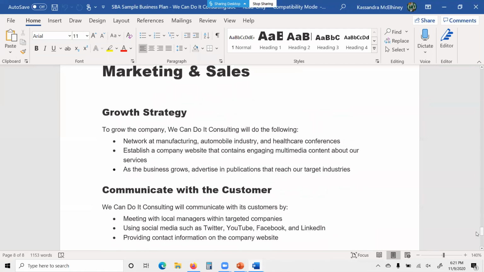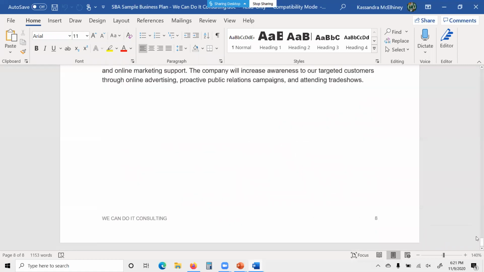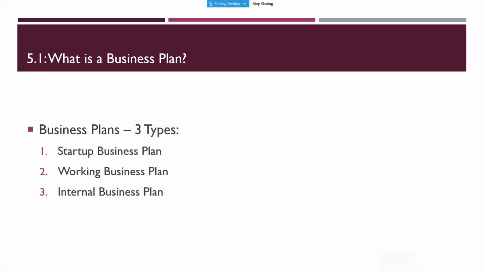A typical business plan would go a little more in depth than this, would go into specifically who our managers are, what their background is, maybe provide their resumes in the index or after the index. So that is a good example of a startup business plan. It's a good place to get started.